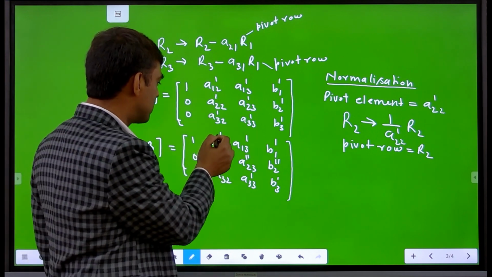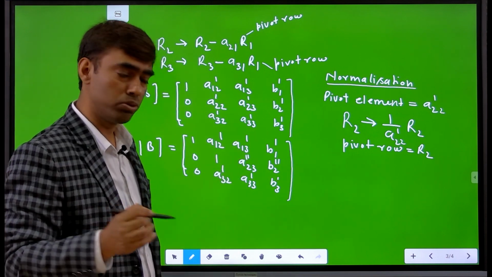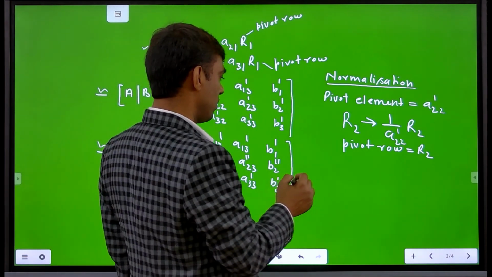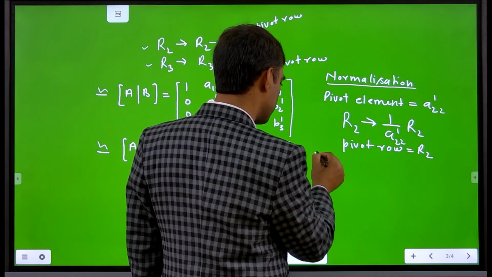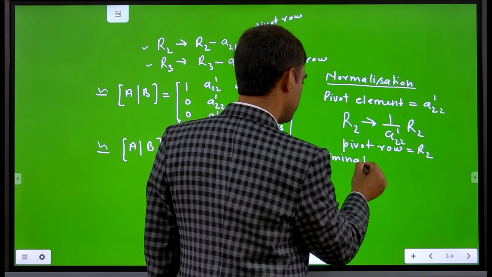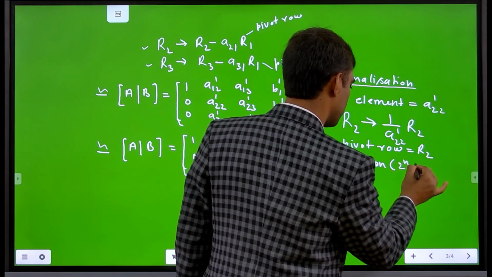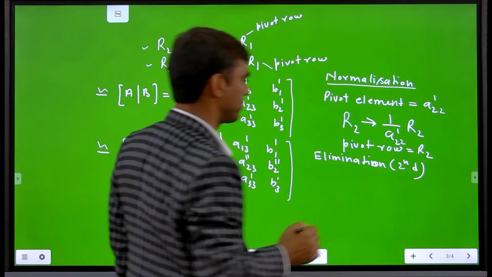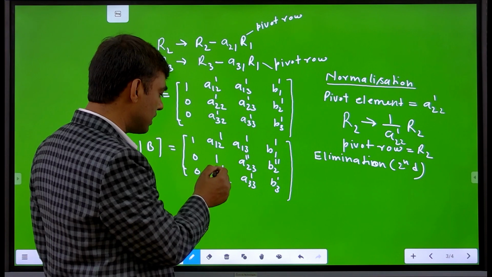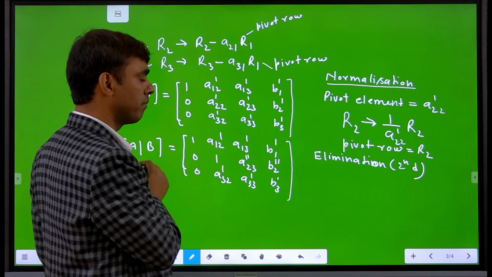We convert A12 dash and A32 dash equal to 0 using the row operation. So in the second stage elimination, we try to convert A32 dash equal to 0 and A12 dash equal to 0 with the help of the pivot row.